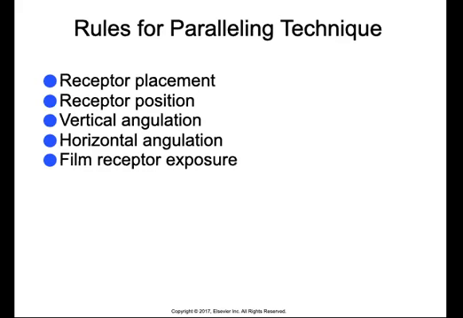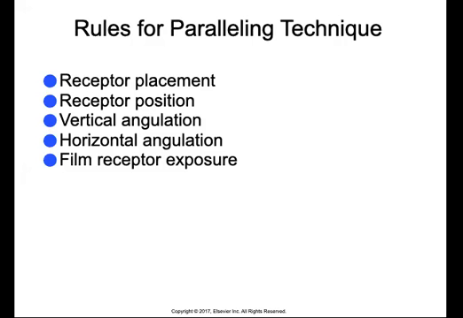So, rules for the paralleling technique. 1, the receptor must be positioned to cover the prescribed area of the tooth to be examined. So all of the teeth that you want to examine must fit within the borders of that receptor. The receptor must be positioned parallel to the long axis of the tooth.